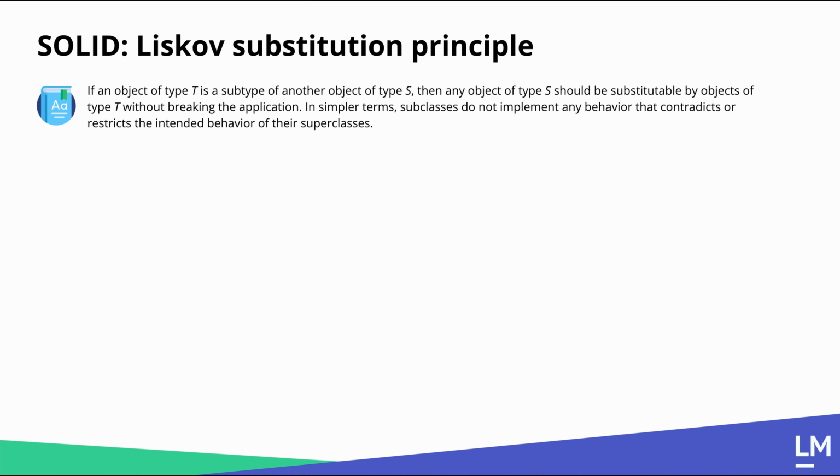Let's talk about the Liskov substitution principle. That's the L of SOLID. The Liskov substitution principle simply says that if an object of type T is a subtype of another object of type S, so basically S is the superclass and T is the subclass, then any object of type S, the superclass, should be substitutable by objects of type T, the subclass, without breaking the application.